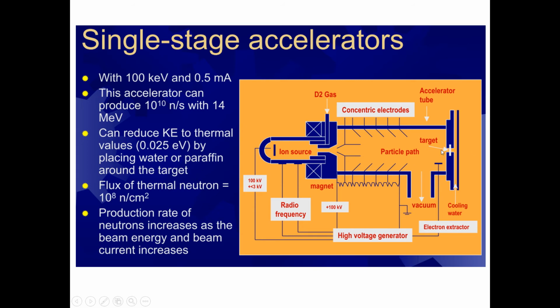What do we have? The production rate of the neutron increases as the beam energy and beam current increase. Here this is basically the beam energy and the beam current. At a particular point, we have the beam energy of 100 kilo electron volt and the beam current of 0.5 milliampere.